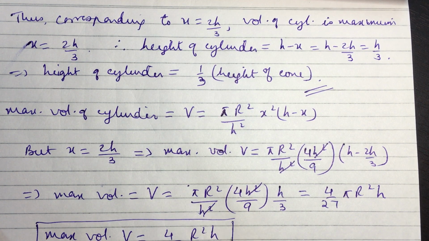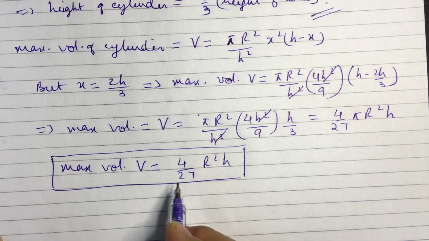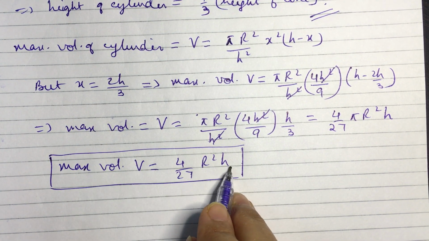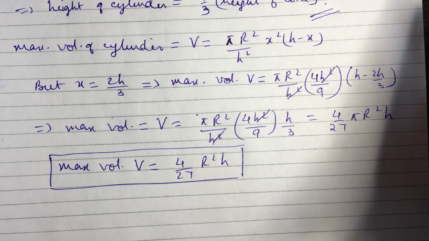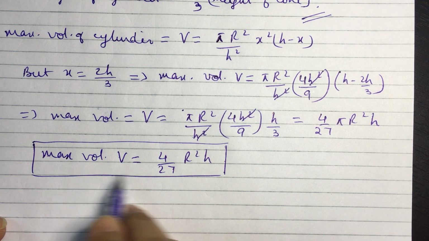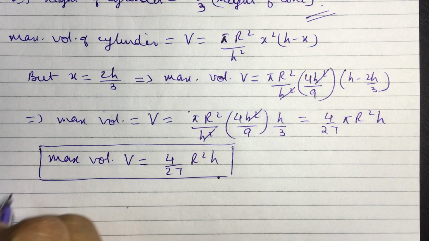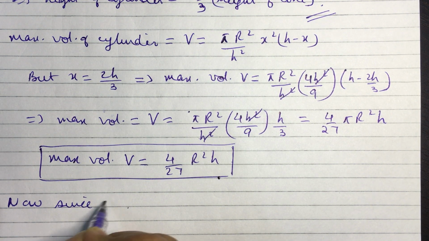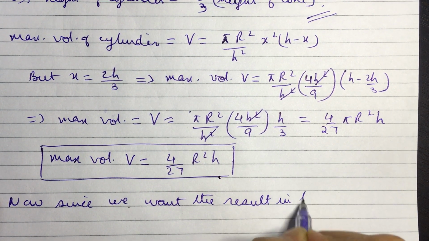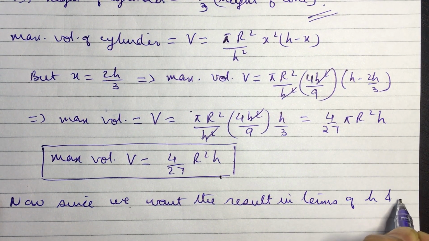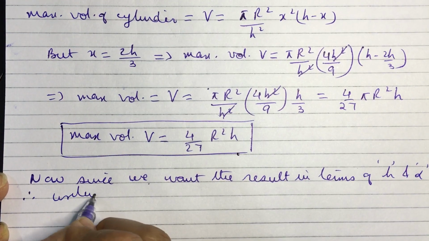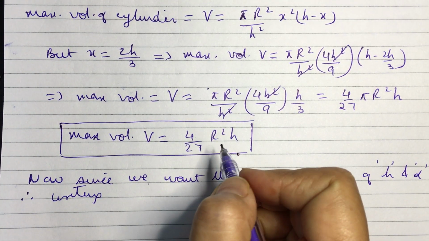But in the question, we are expected to find the value of volume in terms of the slant angle alpha. Okay. So, that is called the semi vertical angle alpha. Now, since we want the result in terms of h and alpha, we need to remove this r square and write it in terms of alpha.